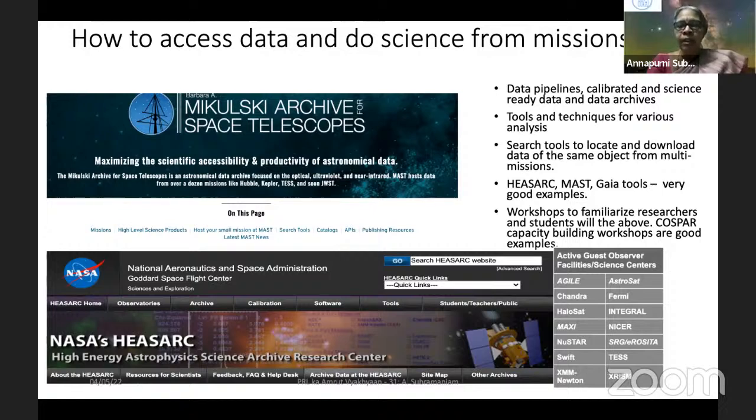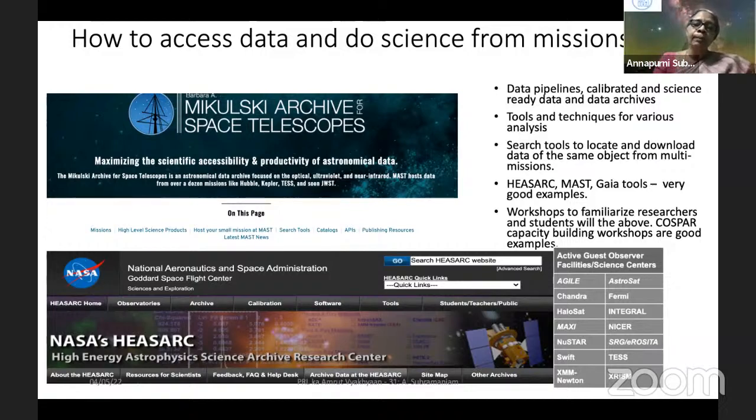One of the recent activities is that people may need a lot more space on their computer to run these tools, because the data you have downloaded may be quite large, and the tools have to run on them. But many of the sites also provide space where the data can be staged and you can do your analysis, and only the output needs to be downloaded to your computer.